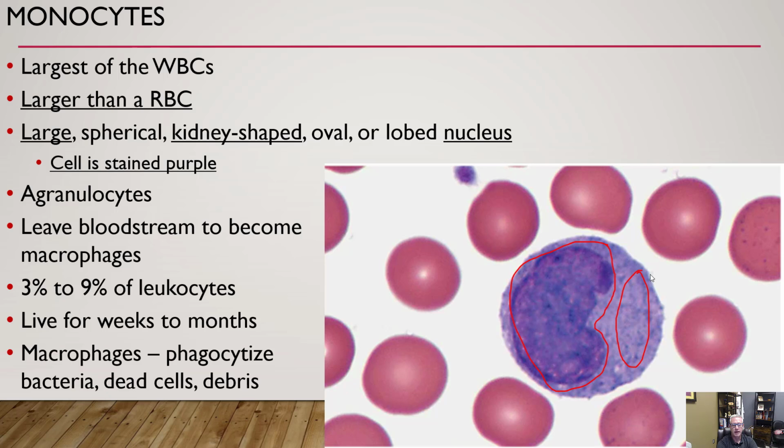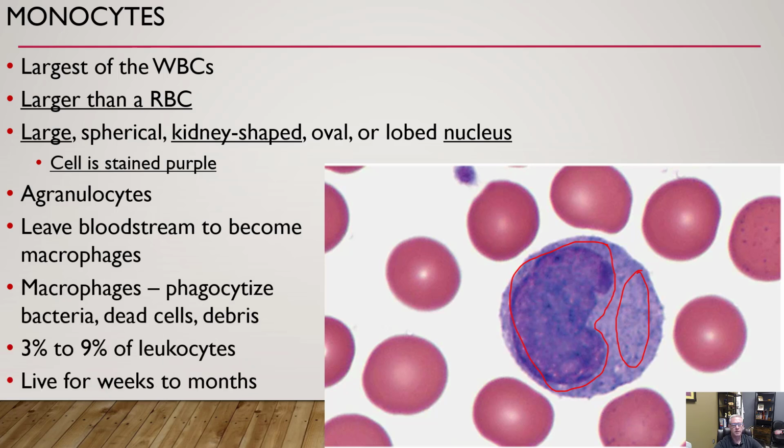Like I said, macrophages. They are going to phagocytize bacteria, dead cells, or debris. So monocytes contain these things called lysosomes. Remember lysosomes way back from chapter 3 or 4? 3, I think, when we talked about organelles.